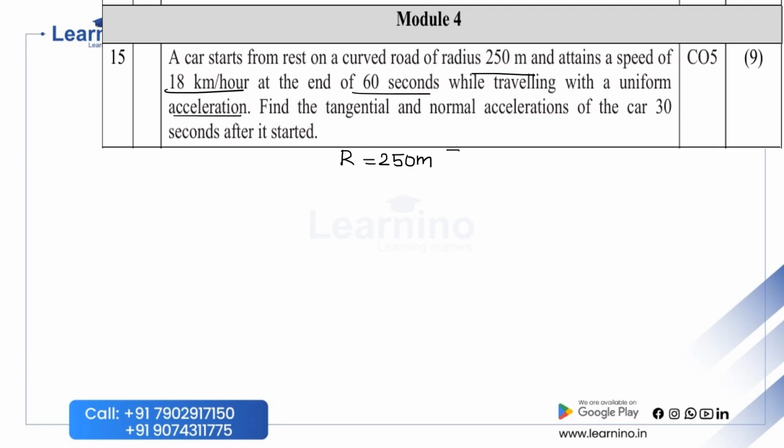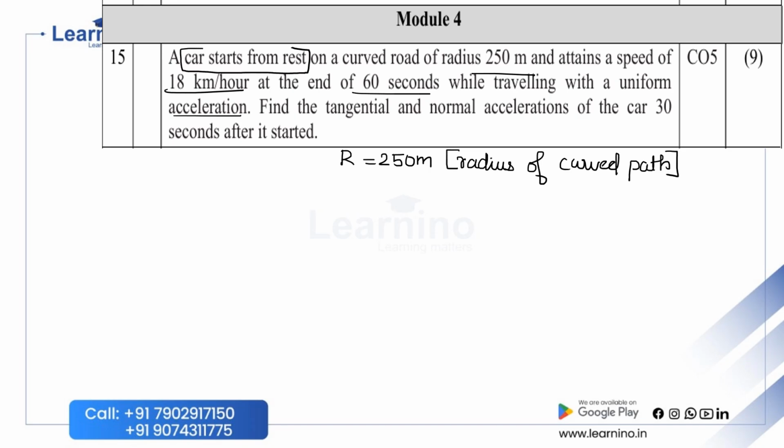So r is the radius of the curved road or curved path, which is 250 meters. It is given that the car starts from rest.